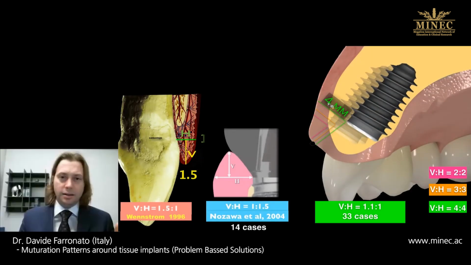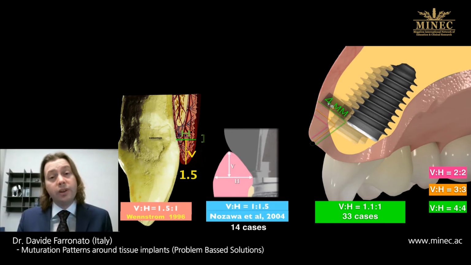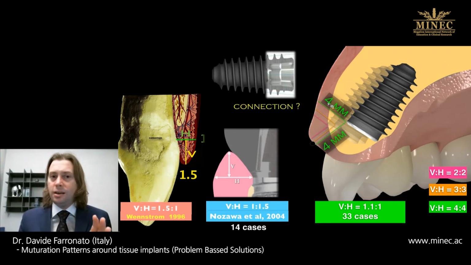And from the other data, 1.5 millimeter of buccal bone is the quote of bone. And of course, the depth of the implant can be supported up to 4 millimeters. Also, in the study that we made before, 4 millimeters was the best positioning for this kind of connection. But please remember that these indications are only for this connection, because if you change the connection, the indication changes.